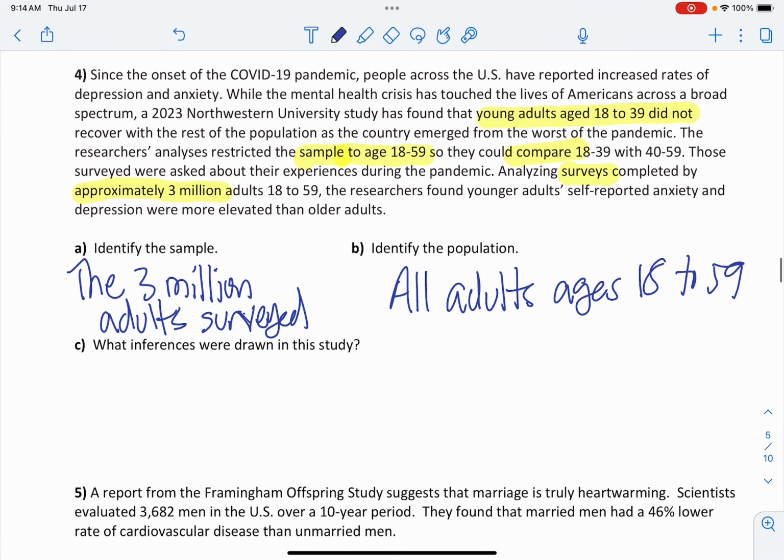Okay. And what inferences were drawn in the study? Usually that comes at the end, right? What did the researchers find, right? So researchers found right there, younger adults' self-reported anxiety and depression were more elevated than older adults. So then really you can just copy that, right? You're finding it in the question, right? So I could just copy that down. Younger adults, specifically those ages 18 to 39?